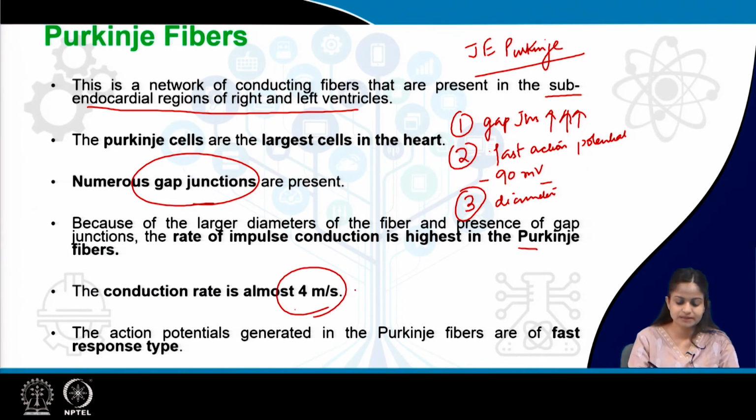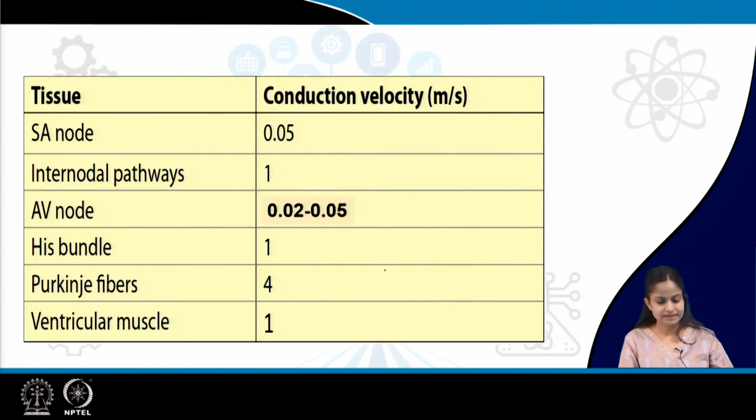The rate is usually 4 meter per second, and the action potentials generated over here are of fast type. So, we have seen the various conducting fibers' rates. 4 meter per second is very important, the maximum speed of conducting fibers, that is the Purkinje fibers in the heart, and very slow, the minimum, we have at the AV node, that is 0.02 to 0.05, to be very specific, 0.02 meter per second.